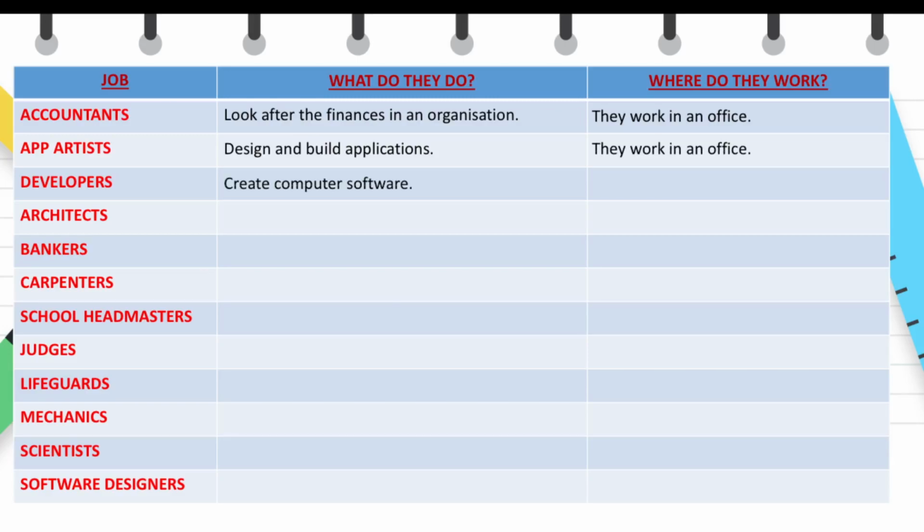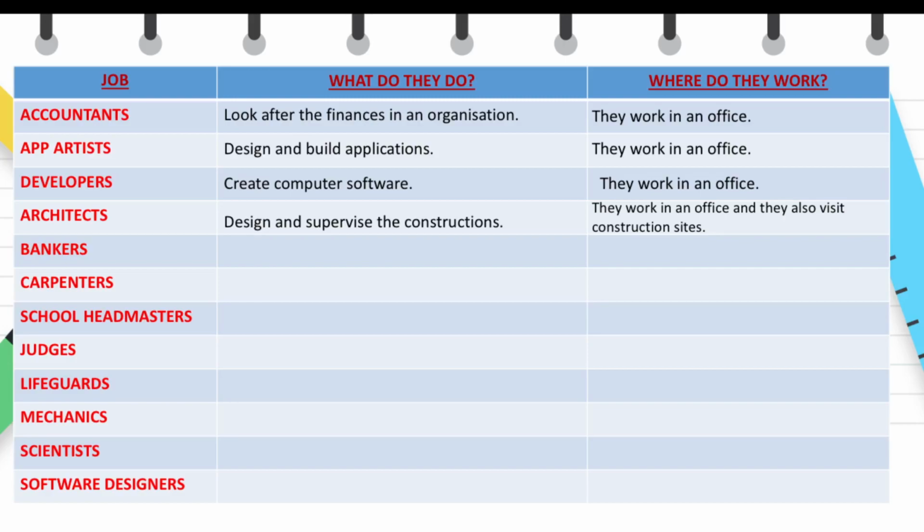Developers create computer software. They also work in an office. Architects design and supervise the constructions. They work in an office, but they also visit construction sites. Bankers raise capital to make loans and investments in a bank.